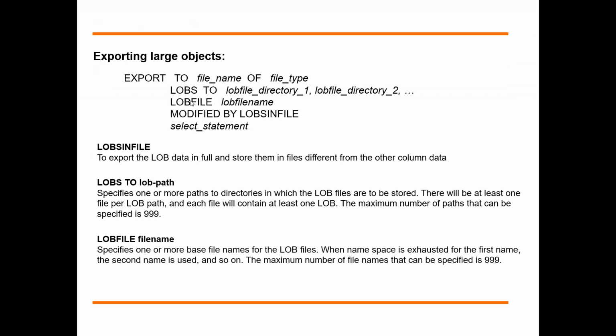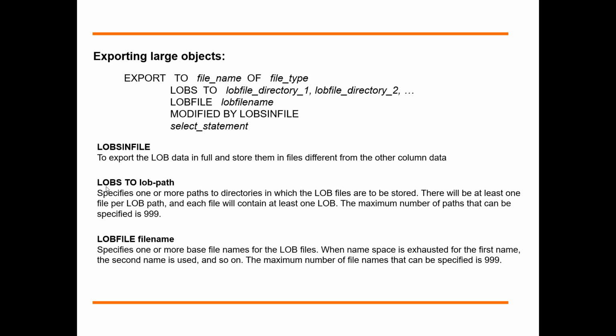So we have to use this lobs in file option, which says to export lob data in full and store it in files different from the other column data, right? I don't want to mix the column which is a clob with the existing export. So generally Db2 recommends to put them into a separate file altogether, right?